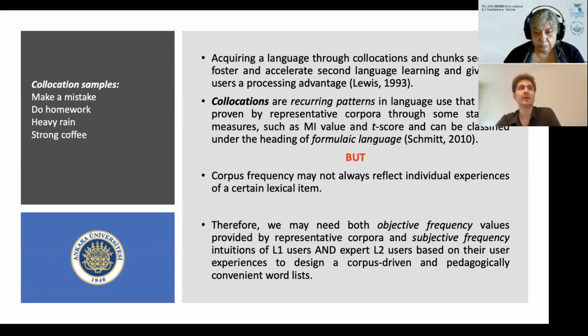But again, like I said before, corpus frequency may not always reflect individual experiences of a certain lexical item. So we may need to merge these to design corpus-driven and pedagogically convenient word lists.